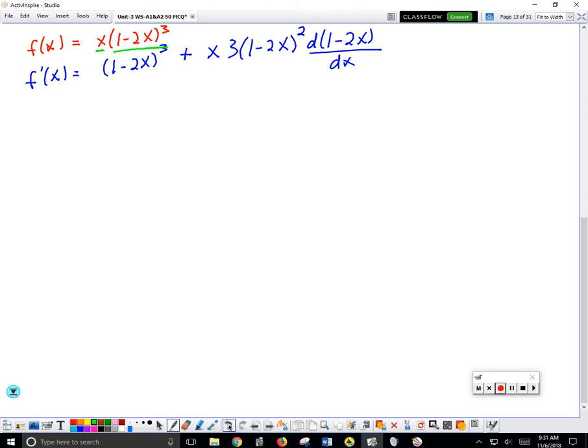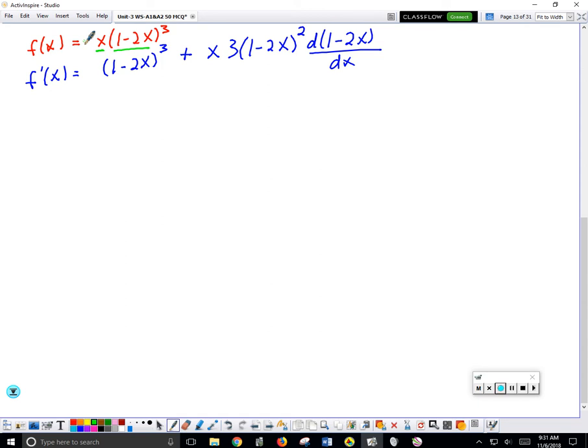I took the second function, wrote it down. That gets multiplied by the derivative of x. But dx over dx would simply be 1. Is that your question? Yeah.